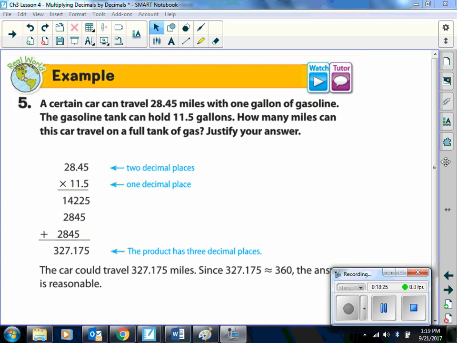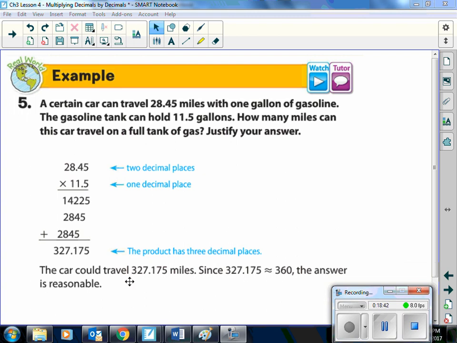So when we do that, we multiply like normal. And you see this time we scooched over twice, right? And then 1, 2, 3 numbers behind the decimal. So the car can drive 327.175 miles. Is everybody clear?